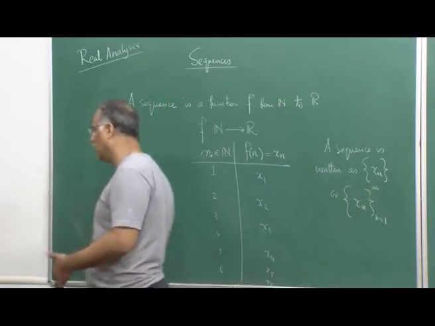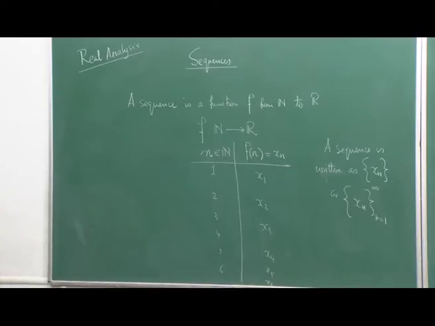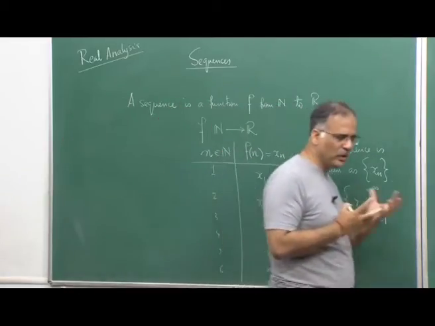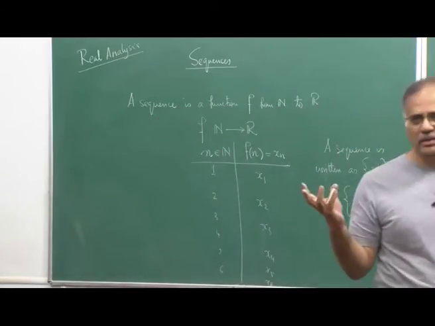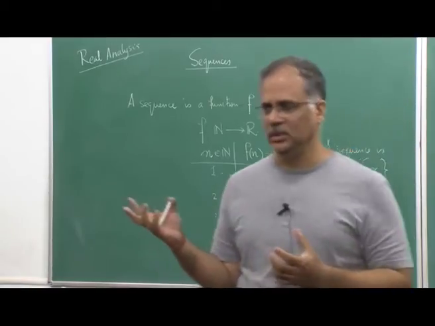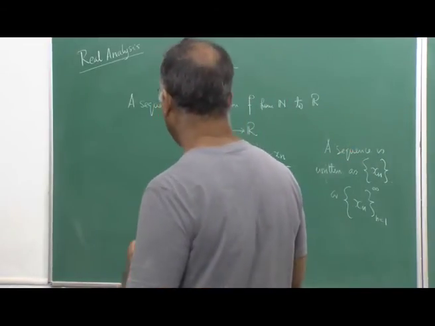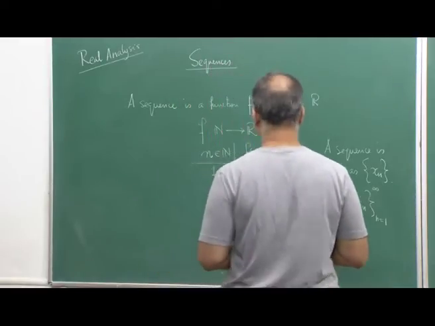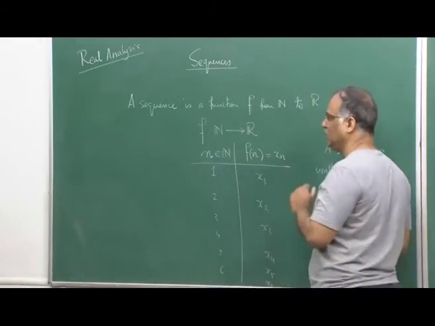So n equal to 1 it is x1, n equal to 2 it is x2. It is a shorthand of writing. It is actually a complete enumeration, right. It is not the standard way you write functions, please understand, because if you want to write the range of the function, you take away the repeated values. So, it is a complete enumeration. Complete enumeration means exactly doing this, writing it down in tabular form.